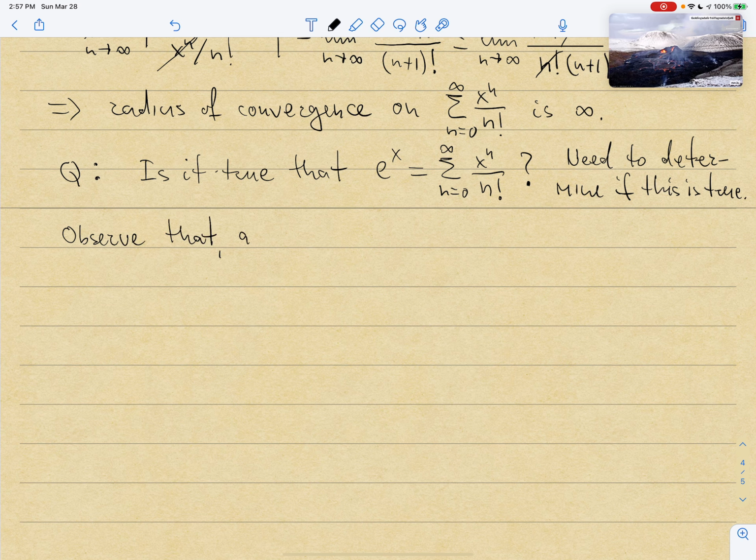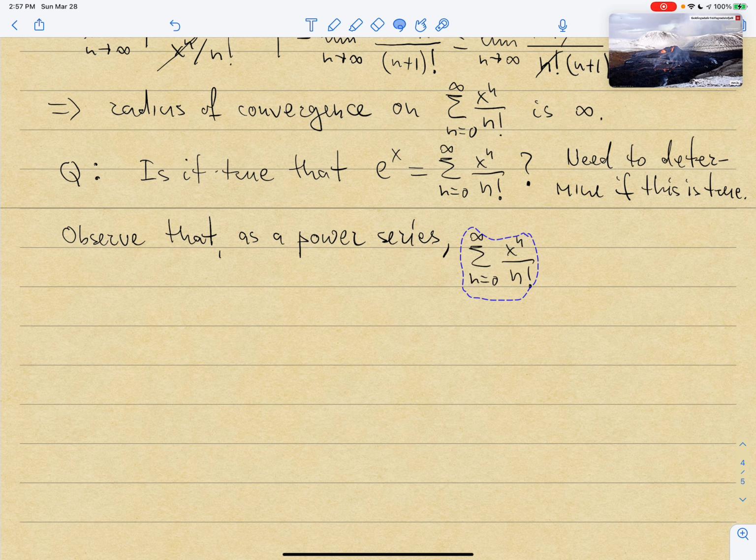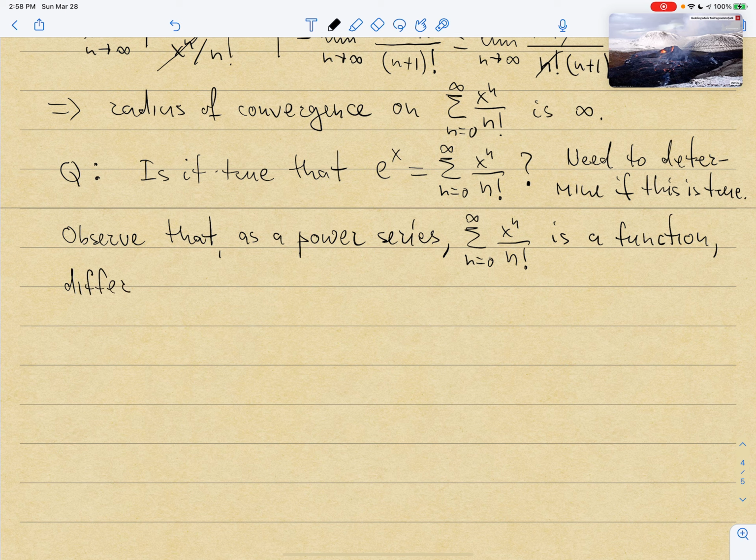That as a power series, this series, as we just discussed a few minutes ago, is a function that is differentiable on its interval of convergence infinitely many times.